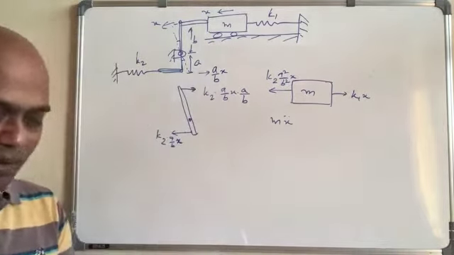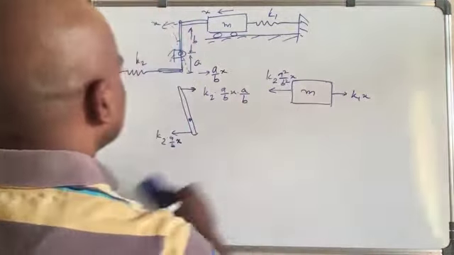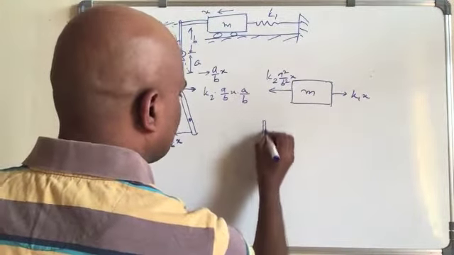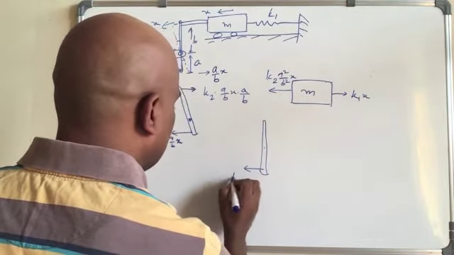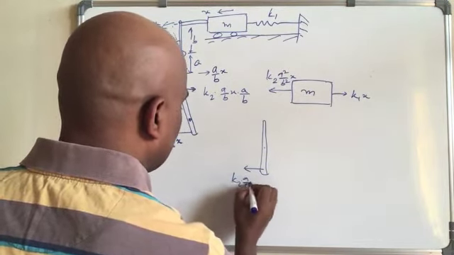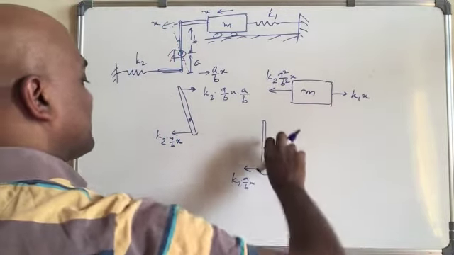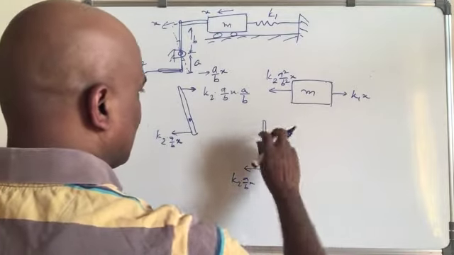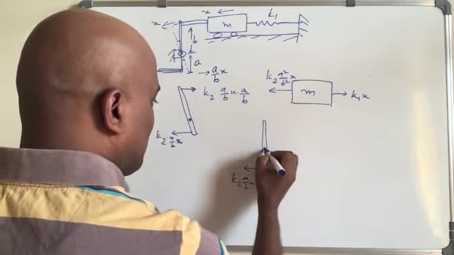So what it means is, if something is being pulled here by k2 times a over b x, then the total force, the moment, becomes zero.